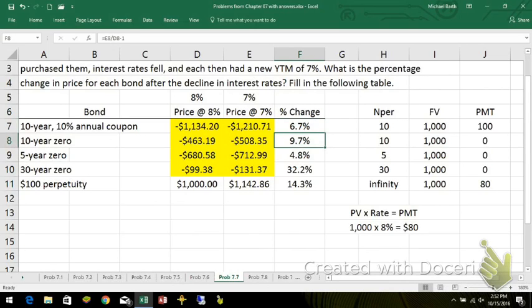The only difference between the 10-year and the 5-year is maturity. So there's a bigger percentage change in the 10-year bond because the longer the maturity, the greater the sensitivity. Look how much the price changed on the 30-year zero coupon bond. All right, that's a huge change compared to the others. And then for the perpetuity, you see a change of about 14%.